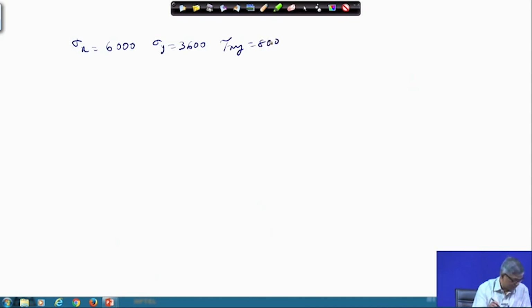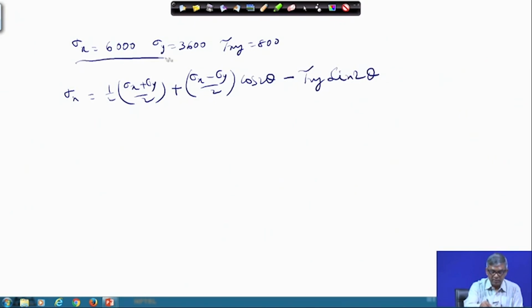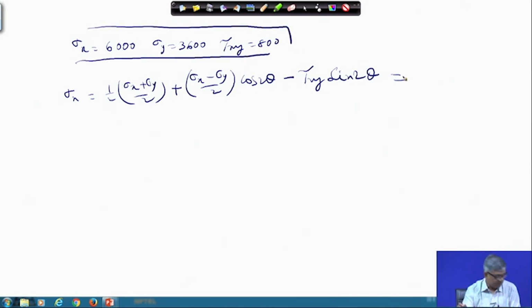So you can find out by the equation method: sigma n will be equal to half of sigma x plus sigma y, that is, sigma x plus sigma y by 2, plus sigma x minus sigma y by 2 cos 2 theta, minus tau x y sin 2 theta. Now I have listed the quantities. Now, you put all those values, then I will get a value here which will be equal to 5205.